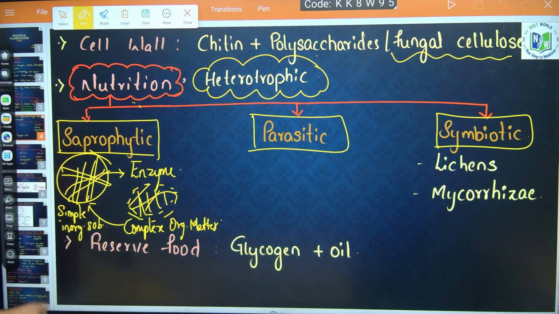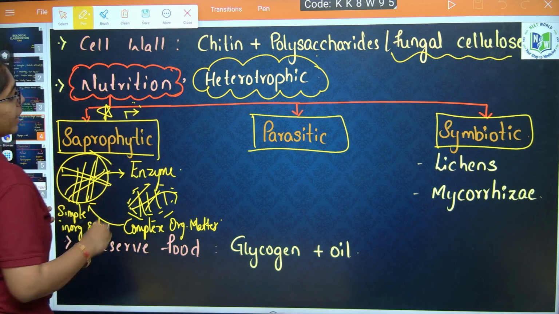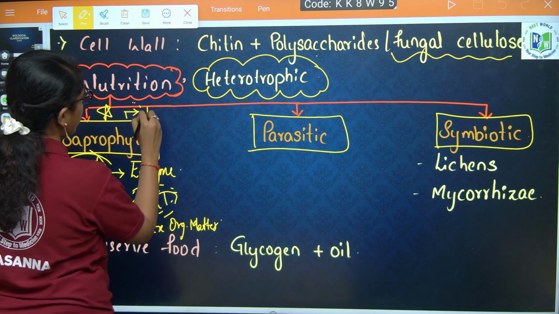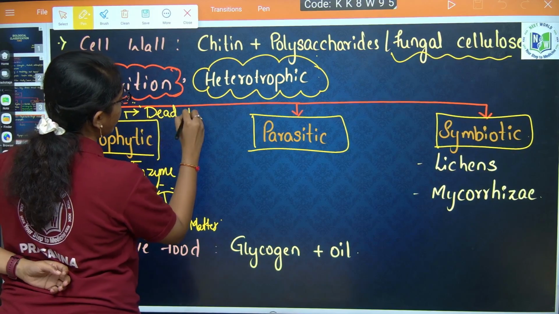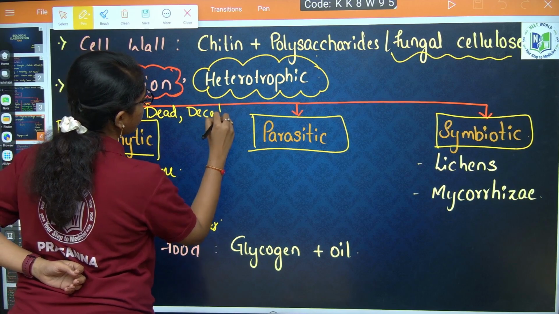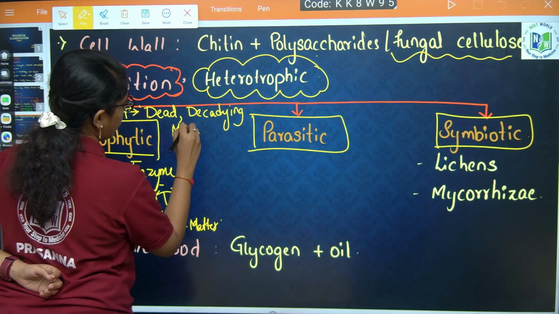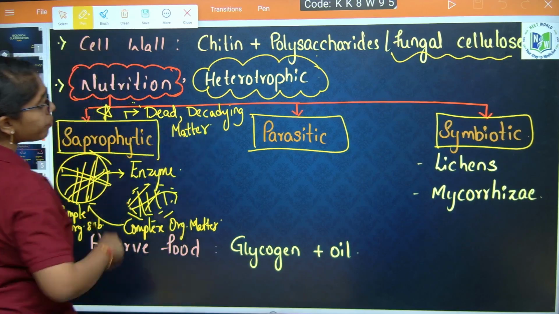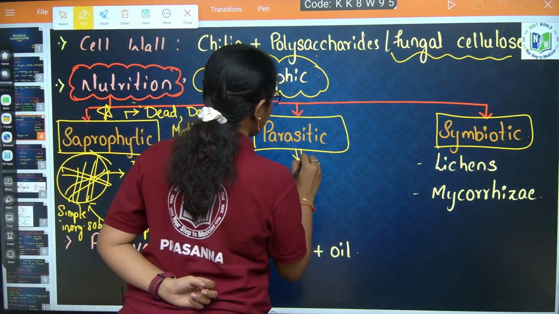This is the saprophytic mode of nutrition, where they rely on dead and decaying matter. Parasitic, they are relying upon the living host.